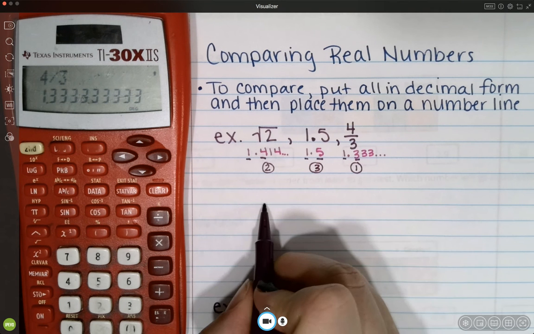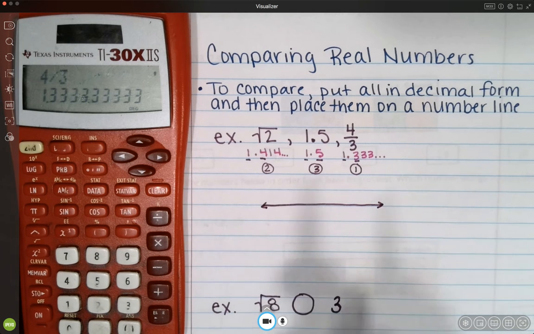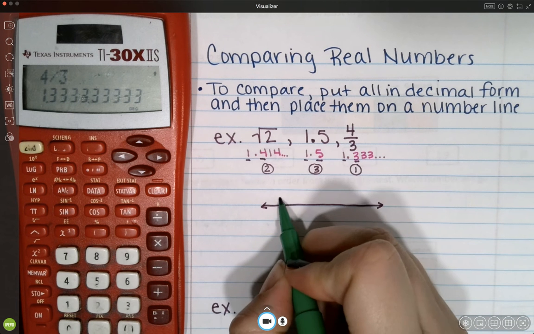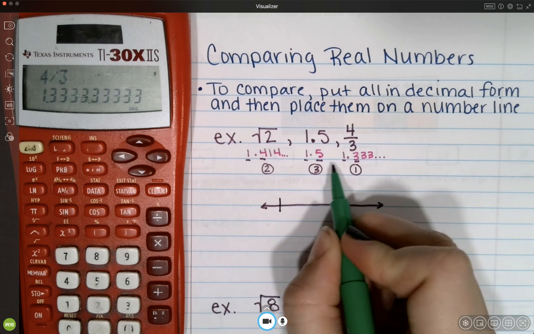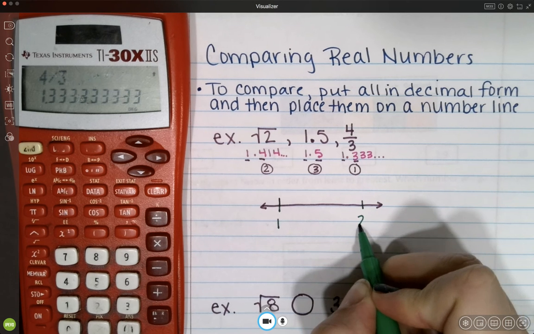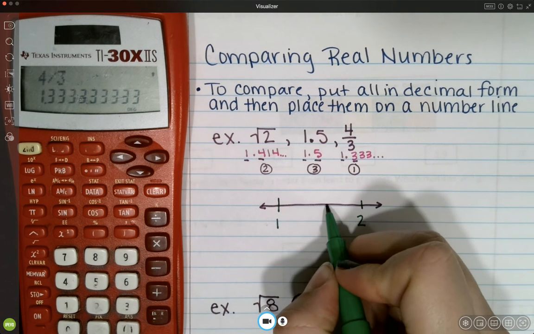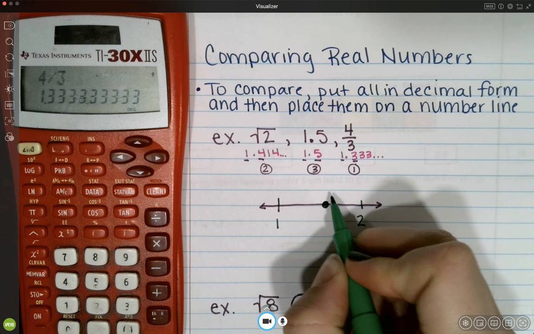So when I go ahead and draw a number line, that means from least to greatest, I'm going to number them. All of these numbers fall between 1 and 2. At 1.5, it would be listed here.